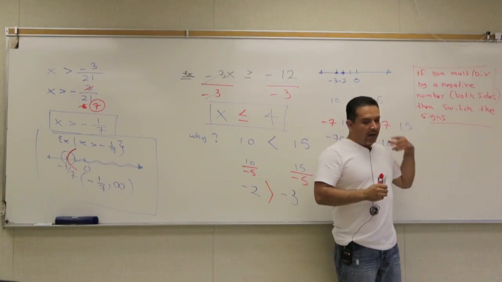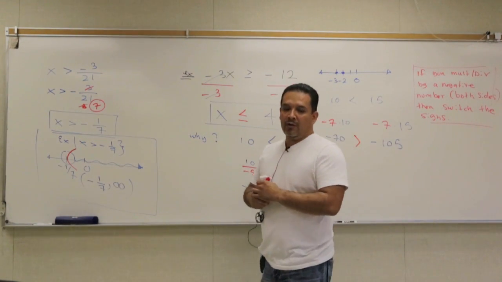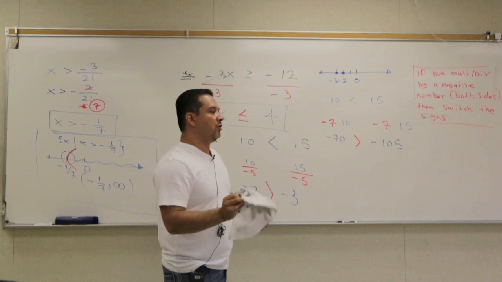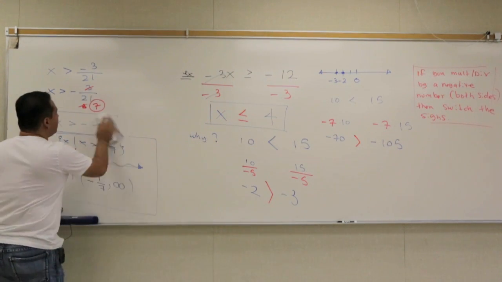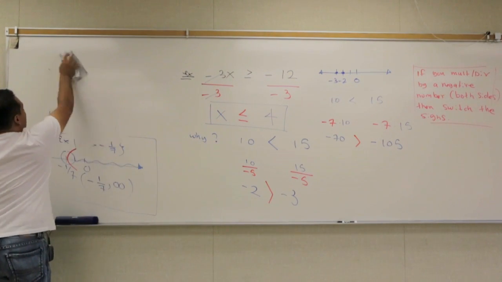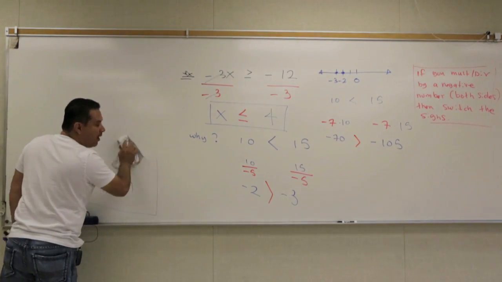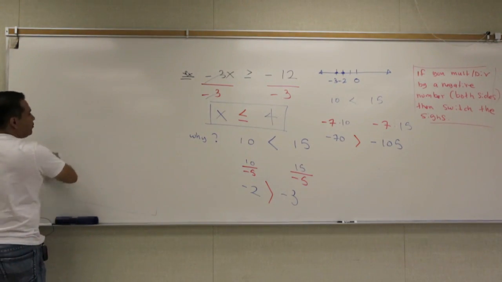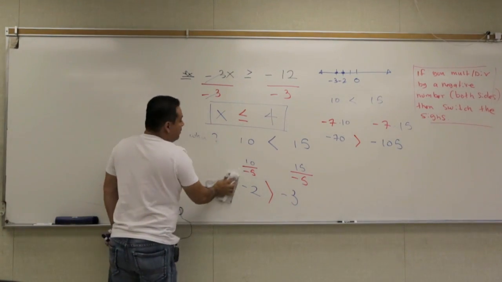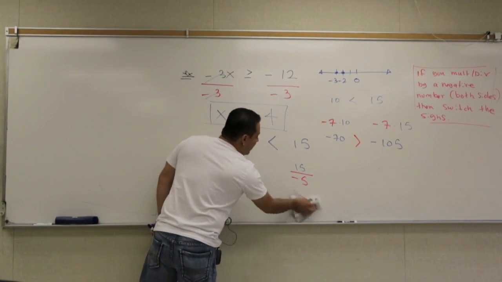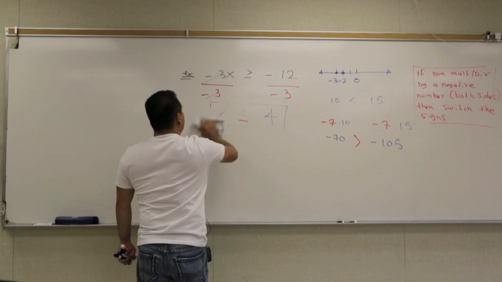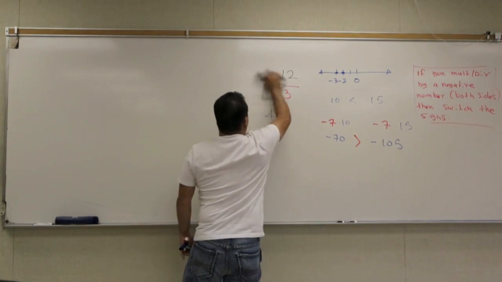So I'm going to recommend, even in your notes, to write that. Maybe you purchased a red marker this weekend. When you work on these problems, if you're going to divide by a negative, you mark it in red.